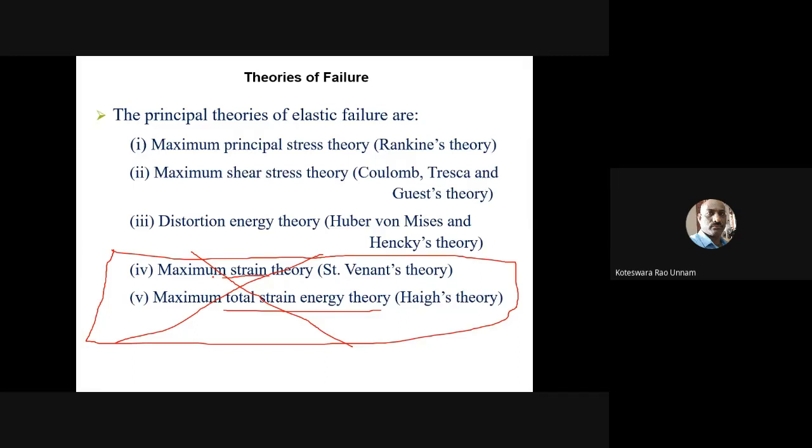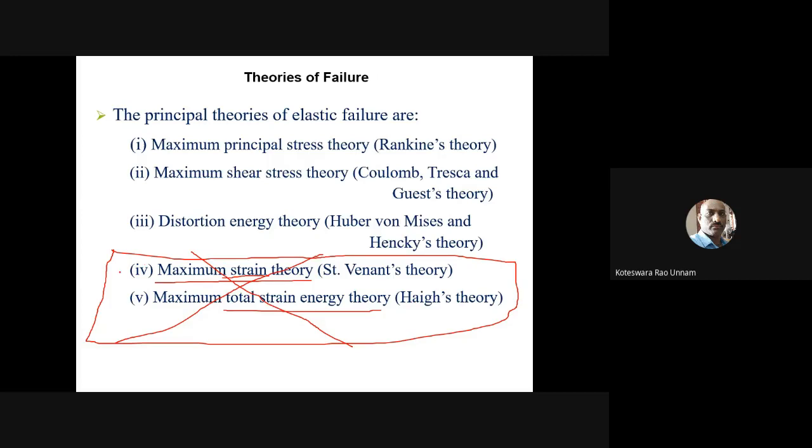In practice, if you design the component based on either the maximum normal strain theory or the total strain energy theory, the component is not going to withstand the given load. The results predicted by these two theories are not accurate, so they are not used in practical applications.